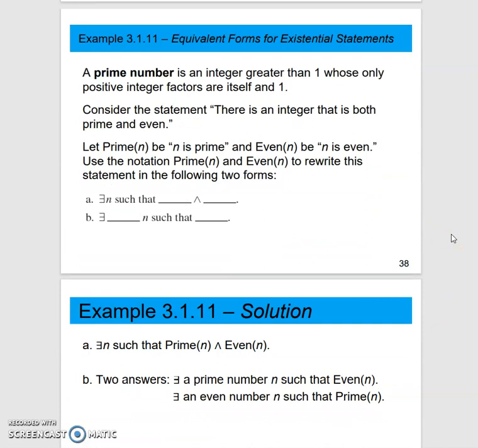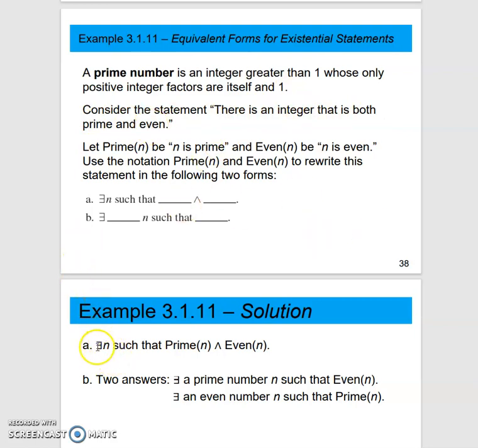All right, let's look at rewriting existential statements. And quick little definition here, a prime number is an integer greater than 1 whose only positive integer factors are itself and 1. Do note that 1 is not a prime number. So here's my statement. There is an integer that is both prime and even.